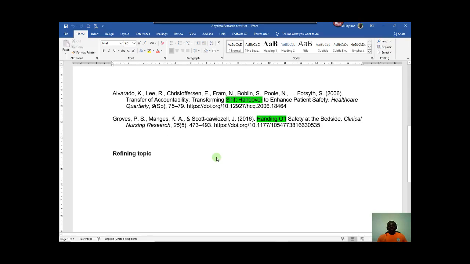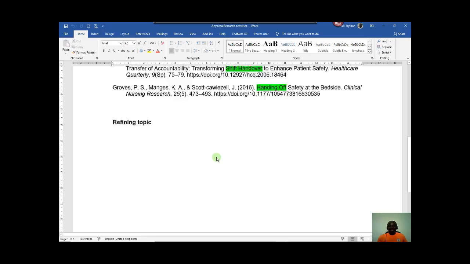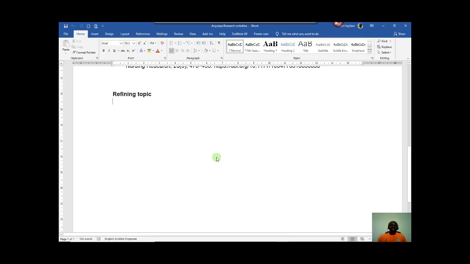So this set of authors use shift hand over as their preferred term. Then when we look at Gross, the very item that was cited by Wikipedia, Gross uses handing off as their term. And so this led us to try and refine her topic.